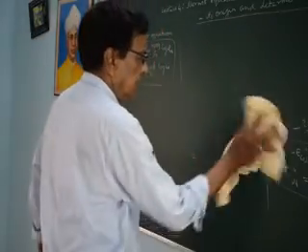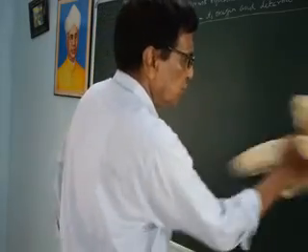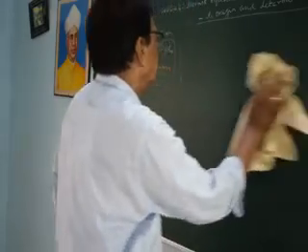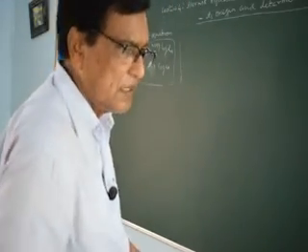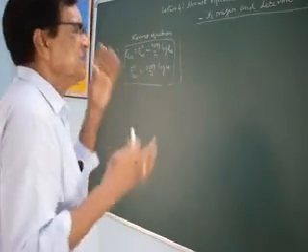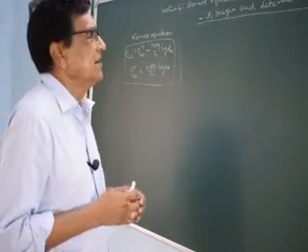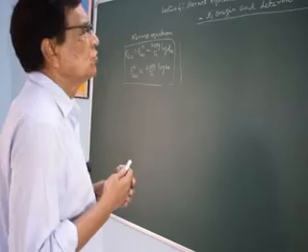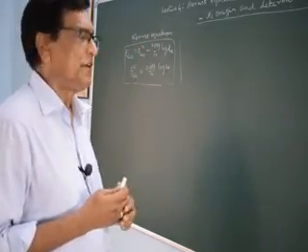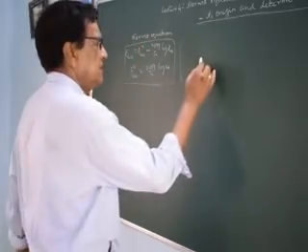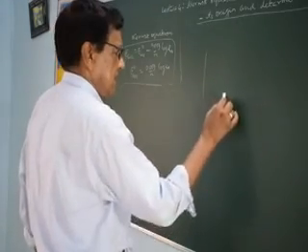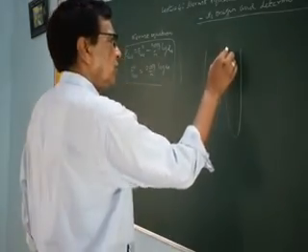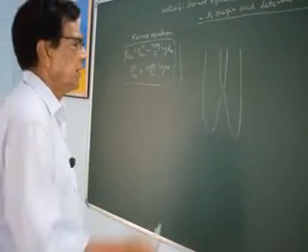Now I shall try to explain how the potential is developed in a reversible electrode, and how this electrode potential could be determined. For this purpose, let us write the more popular Daniell cell.